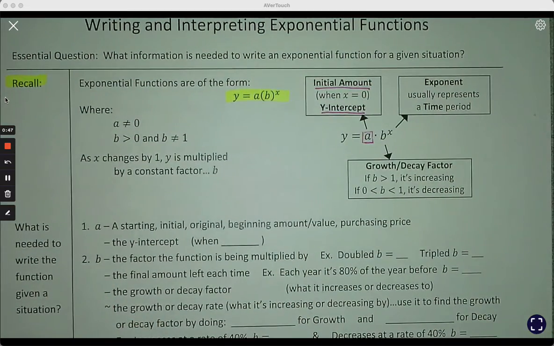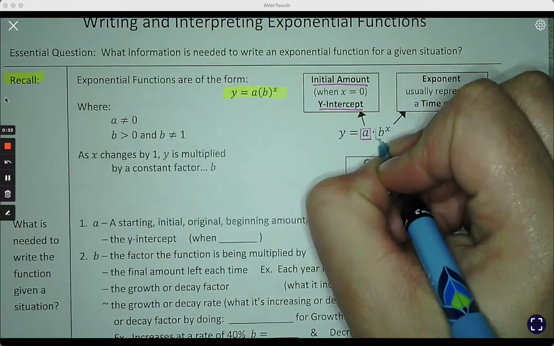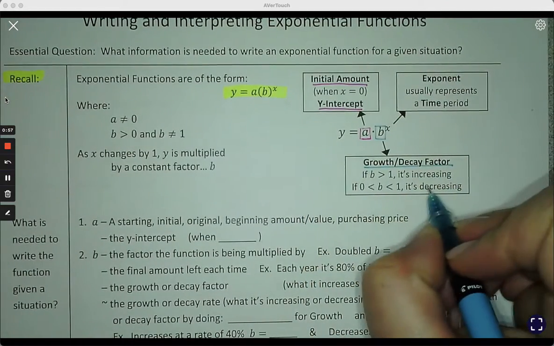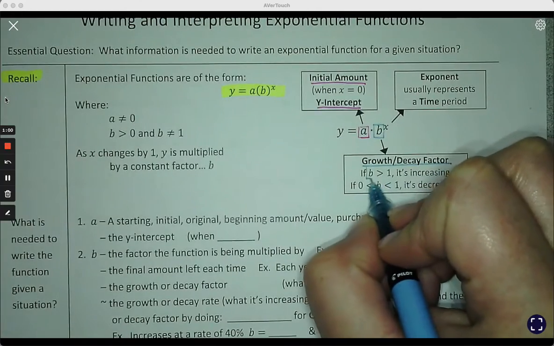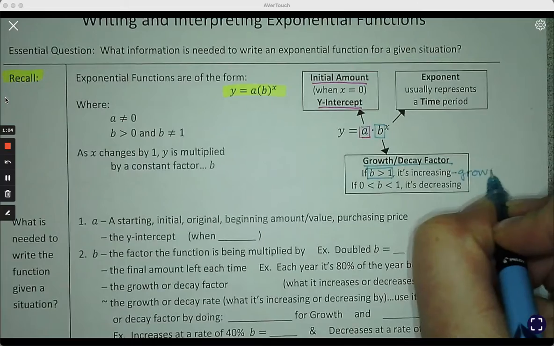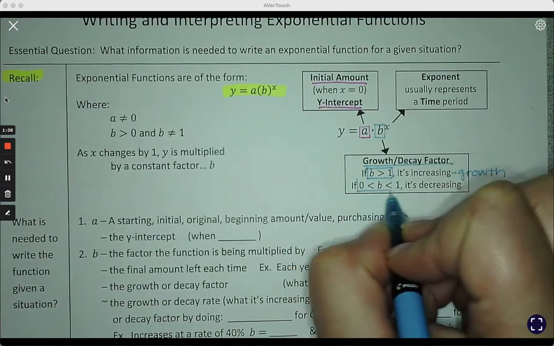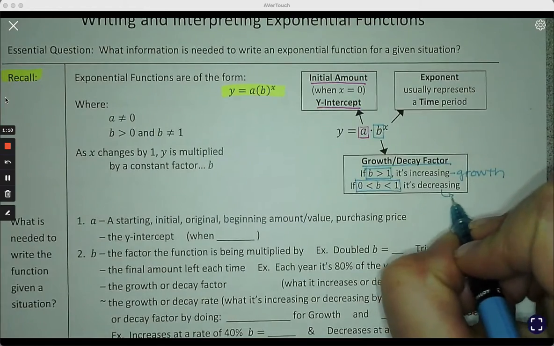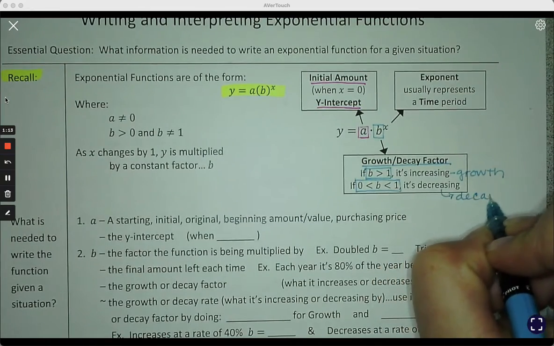We also have b, which is our growth or decay factor. Now remember, if b is greater than 1, we have a growth. And if b is a fraction that's less than 1, it's decreasing, so we have a decay.